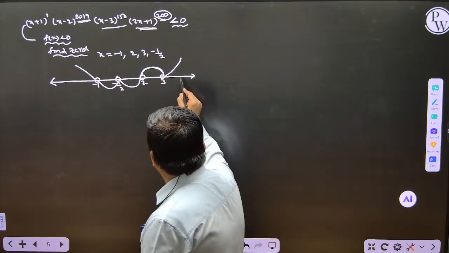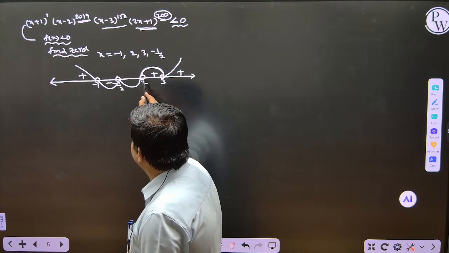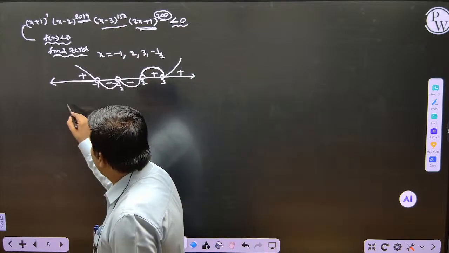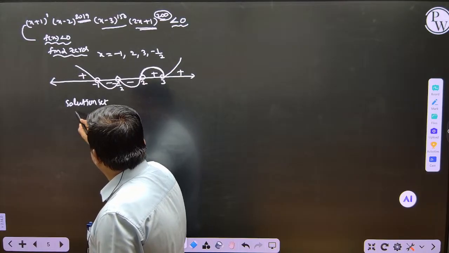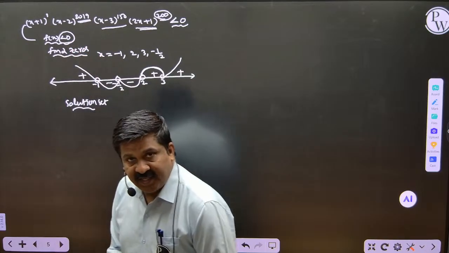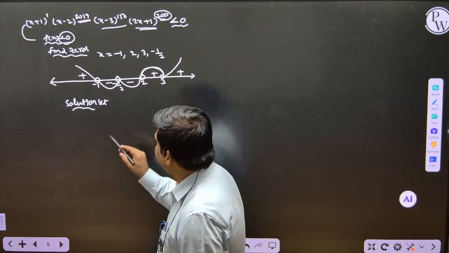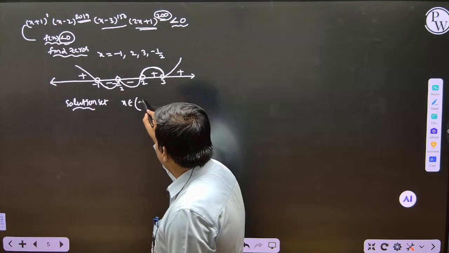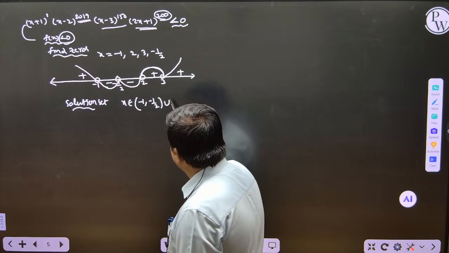So now you write it: above the part is considered as positive, below the part is considered as negative, or not. So what do we have to consider here? Here we want to consider only the negative part, not considering the zeros. What is the negative part here? x belongs to minus 1 to minus 1 by 2, union what?